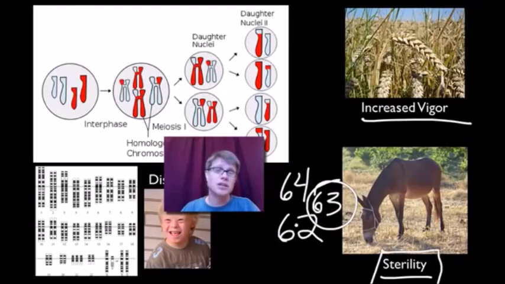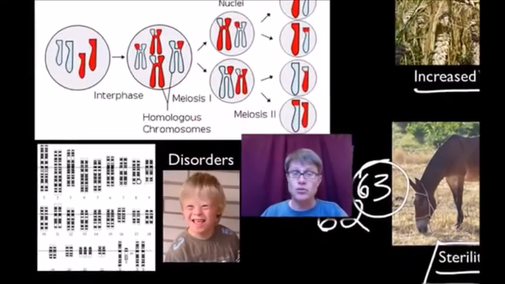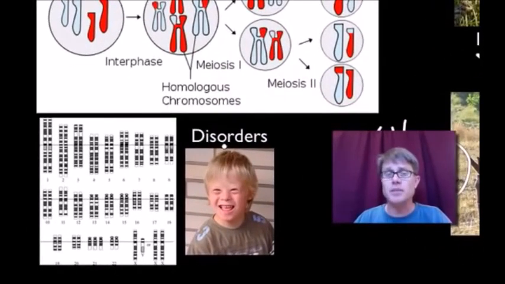It can also, these changes in the meiosis can lead to disorders. A famous example of that is Down syndrome. And so this would be a karyotype, or a picture of all the chromosomes in an individual. In this case, it'd be a female because there are 2 X chromosomes. But if you look at here with an individual with Down syndrome, you'll notice that they actually had 3 21st chromosomes. Now, what does that lead to?